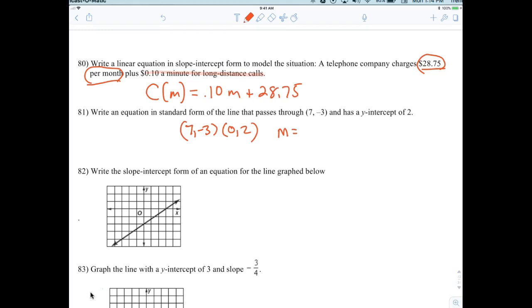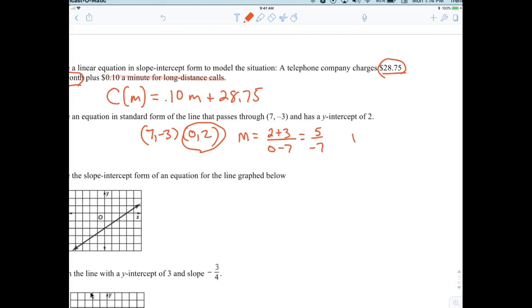So slope is equal to 2 plus 3 over 0 minus 7, which is equal to 5 over negative 7. Is everybody okay with that? All right. Now this right here is my y-intercept. So you should be able to tell me the equation is y equals negative 5/7 x plus 2. Is everybody okay with that?